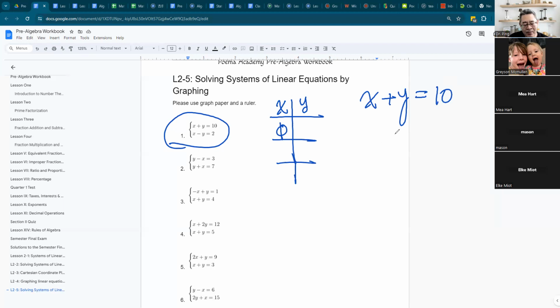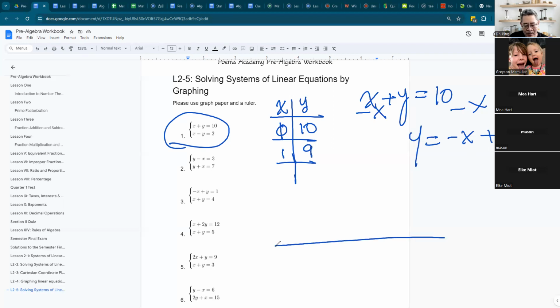One thing you can do to make your life easier is to change this to slope-intercept form. Basically, minus x on both sides. You can see that y is minus x plus 10. So if x is 0, then y is 10. Now, if x is, say, 1, then y is 9. And so then you have graphing.